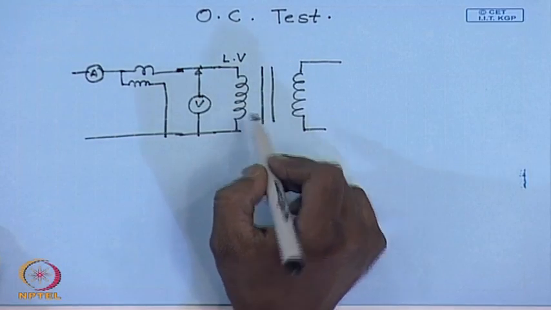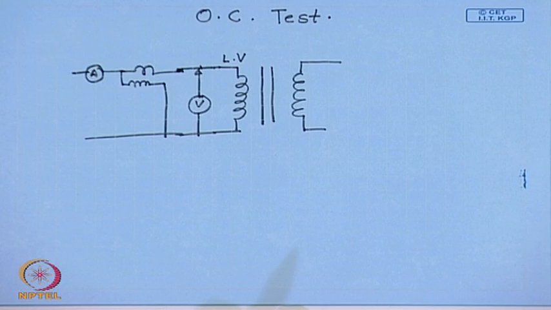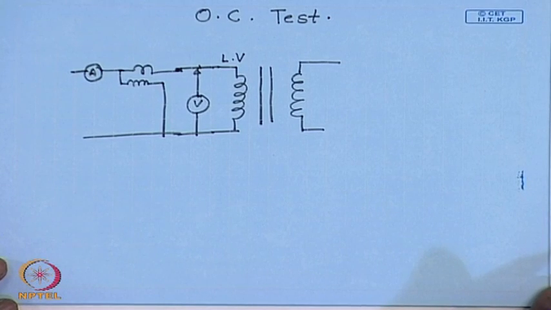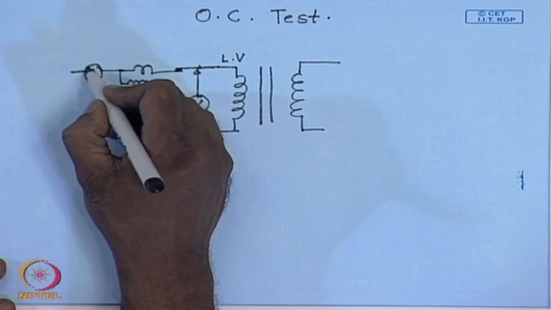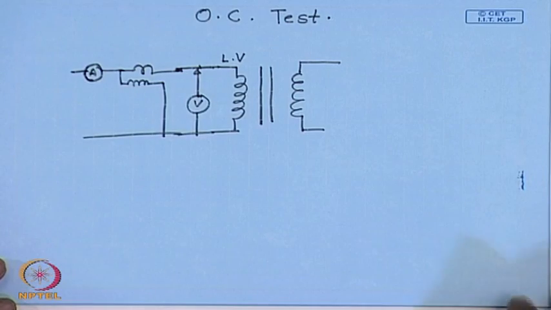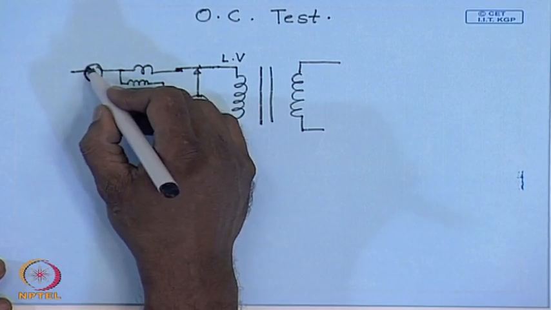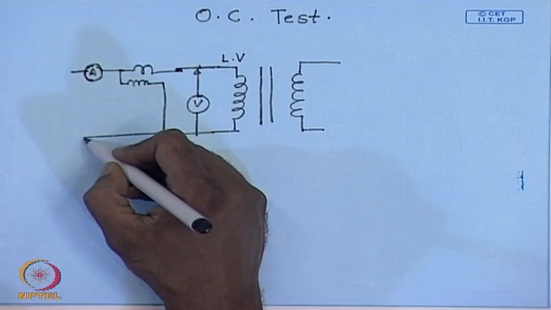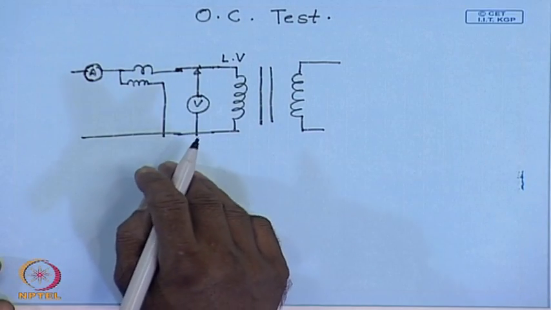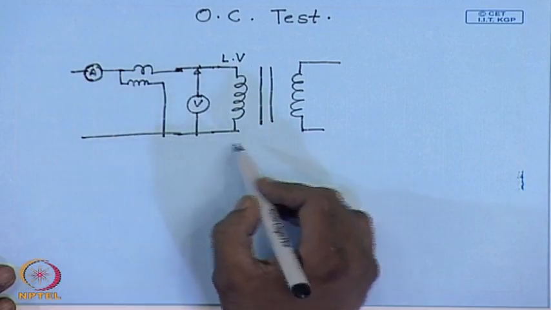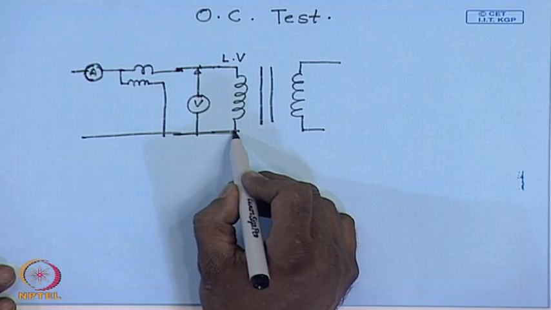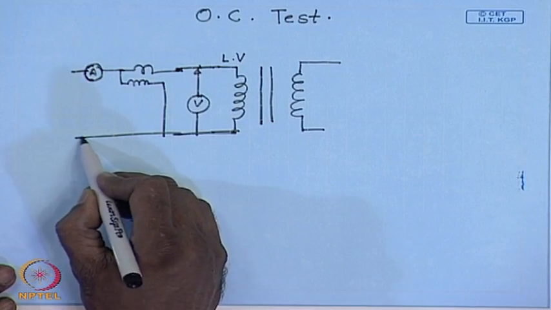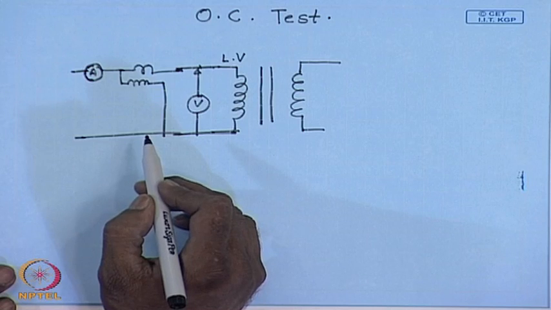Now, open circuit tests are done at rated voltage. Since open circuit tests are done at rated voltage, it could have been directly connected to the source, but the voltage rating of the LV side may not exactly match with the voltage available.